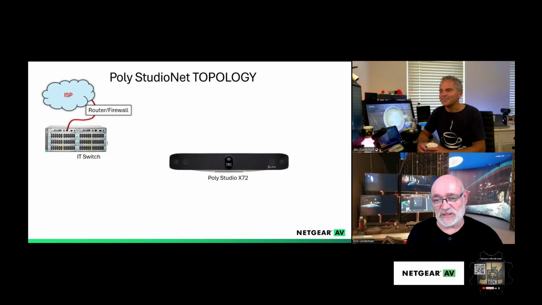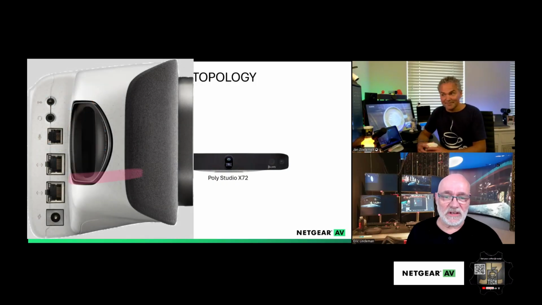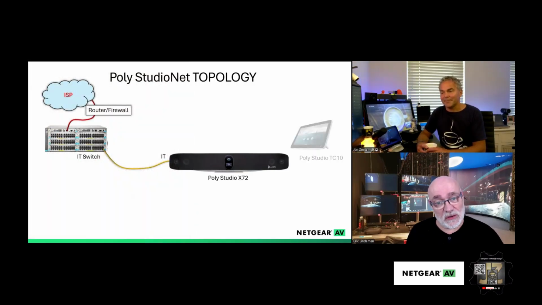Okay, and the good news, the X72 has two Ethernet ports. One is to connect the Poly X right away to the IT environment. We can also connect our Poly Studio control screen to the IT environment, so you can manage the complete meeting room from the IT environment.